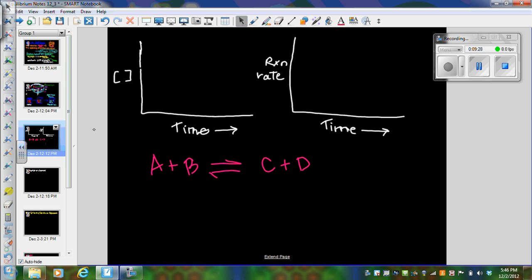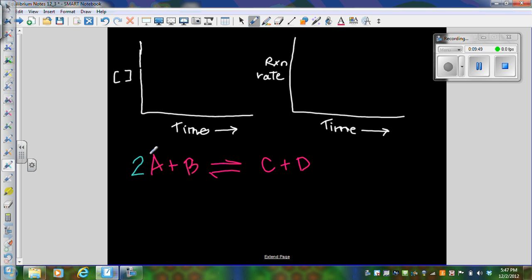Okay, so what we want to do is look at what's happening graphically. We can look at this two different ways. We can look at concentration versus time, and we can also look at reaction rate versus time. I'm going to change the molar ratio on this so that we have twice as much A as we do B. Initially we have a certain amount of A, and I'm going to make it light blue.